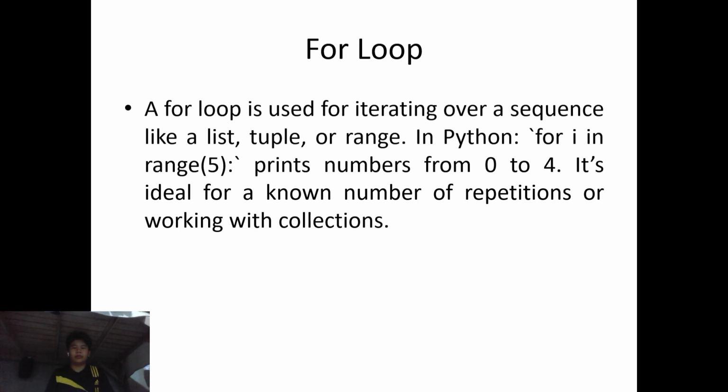The starting point will be 0. For example, if you use range up to 10, the result will end at 9, because the 0 is included in the loop range. It is ideal for looping a known number of times, especially with sequences like lists or ranges.